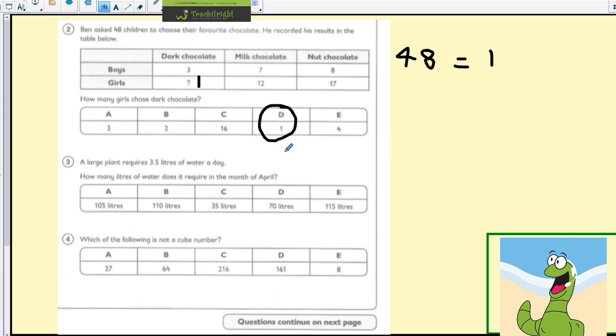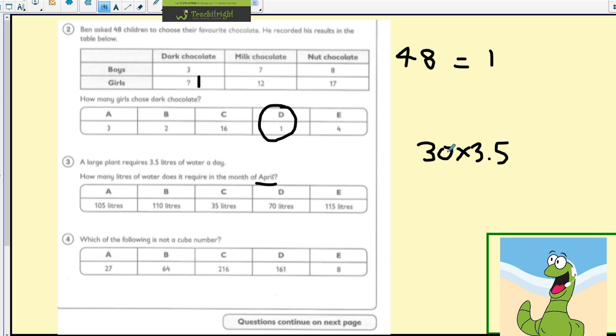For number 3, a large plant requires 3.5 litres of water per day. So how much would it require in April? April, this is the second time we've seen a question that involves dates. So do make sure you know how many days: 30 days has September, April, June, and November. That's a great little rhyme that's often heard. So 30 days has April. That means we need to do 30 times 3.5.